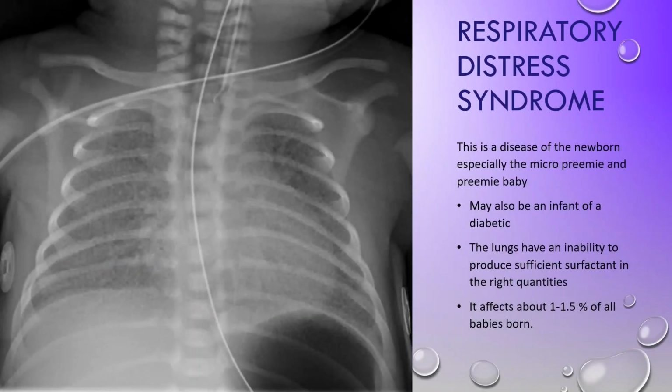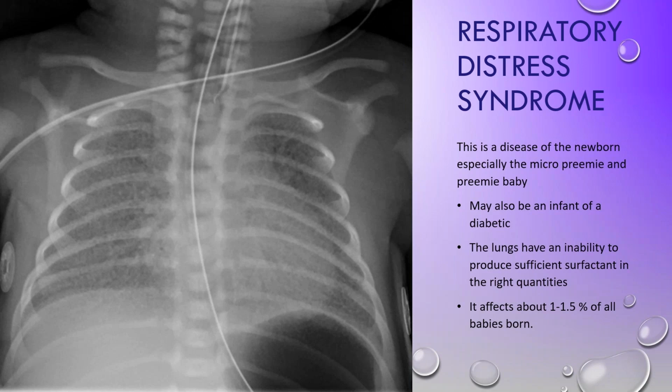So now we are going to look at respiratory distress syndrome. And basically, this is the neonatal form of ARDS. So we get adult respiratory distress syndrome and we get neonatal respiratory distress syndrome. The big thing is that later on, in pediatrics, we do see ARDS, not the neonatal respiratory distress syndrome.